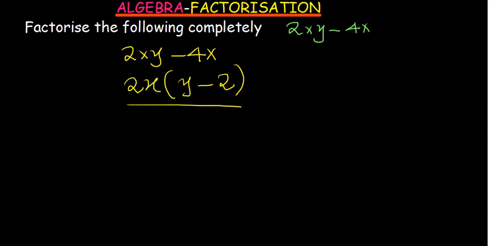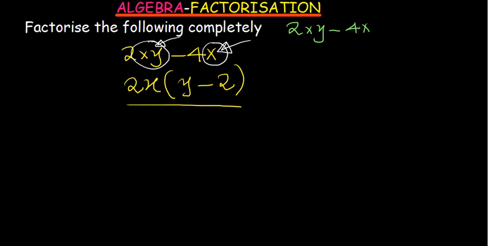Okay. So what you want to look for is, first you look at the numbers. What number can go into 2 and into 4 without leaving a remainder? That is 2, right? Yes. And then look at the letters. What letter can go into xy and into x?